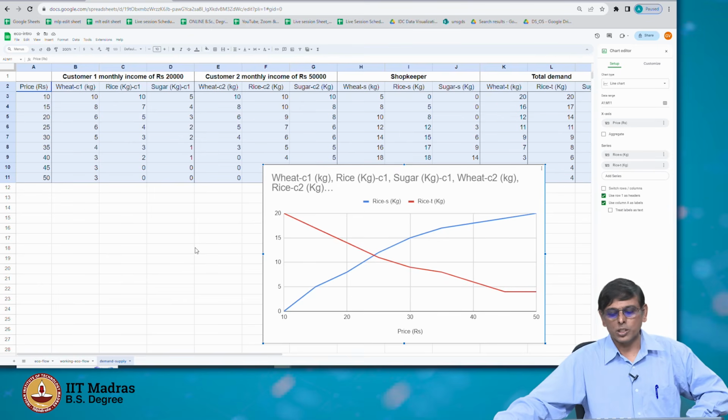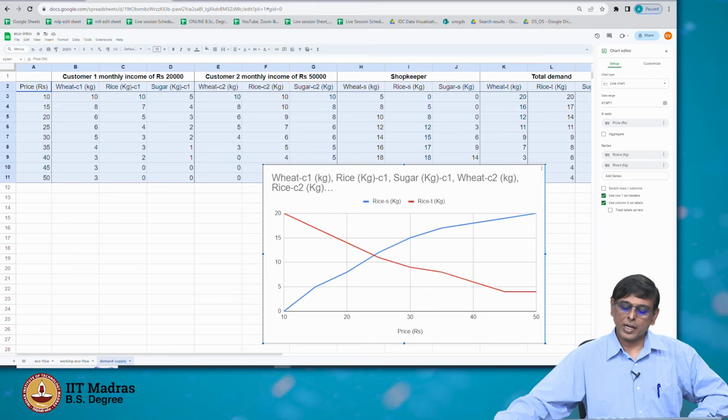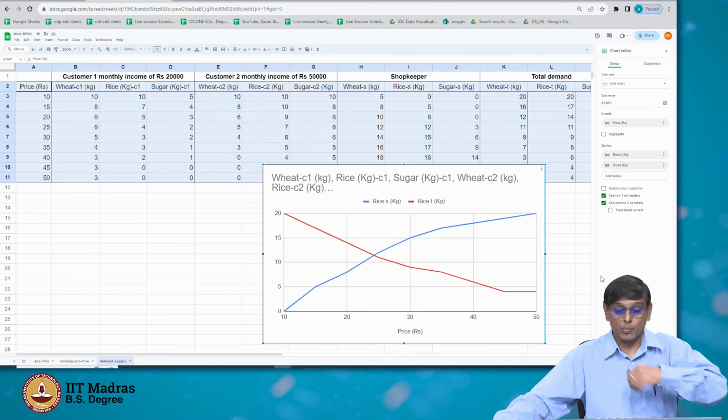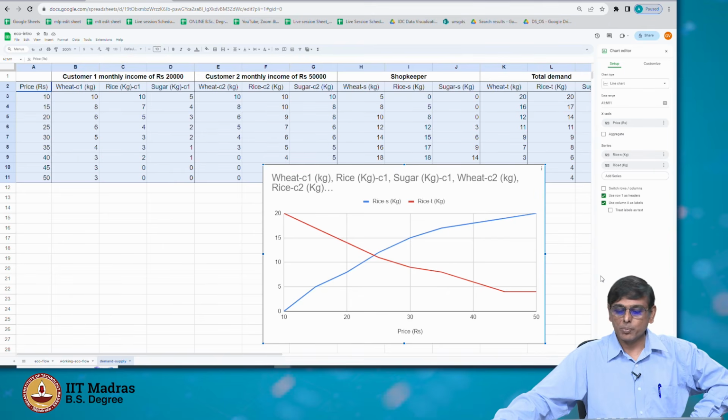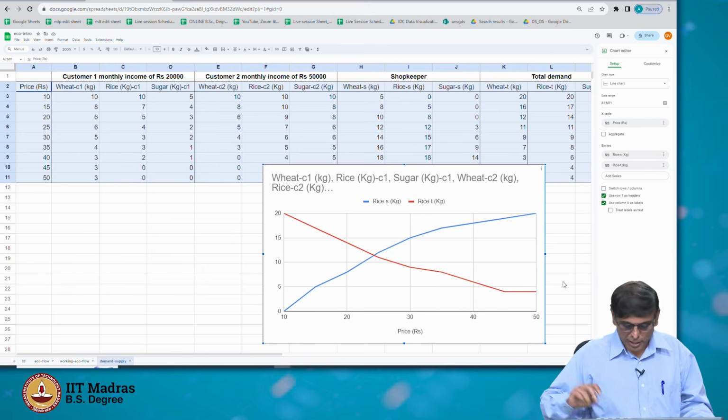Like this, you can form the aggregate demand of the thing, and you can calculate using the aggregate demand and the sales chart for wheat, rice and sugar. You can find out what the equilibrium point is, and then determine at what price, what quantity will get sold, right? So this exercise you can carry out on your own. All right, so this ends this segment.